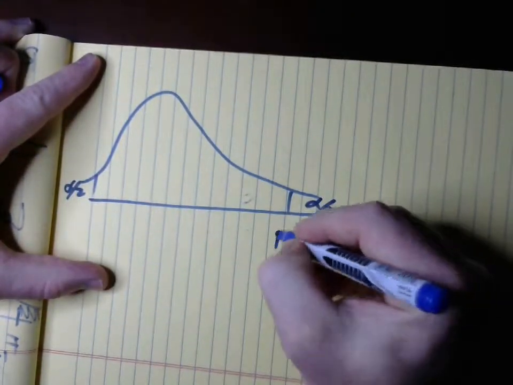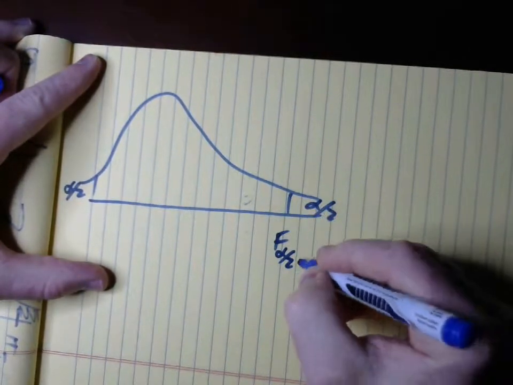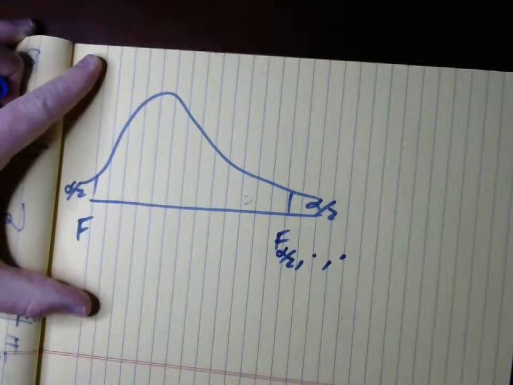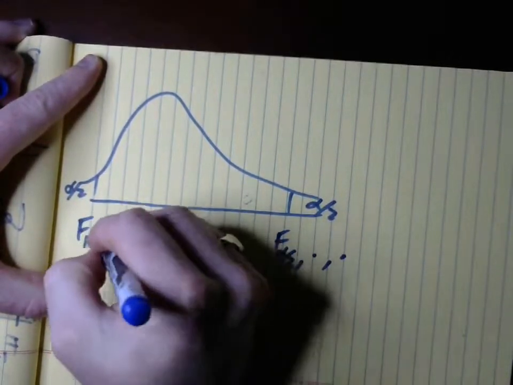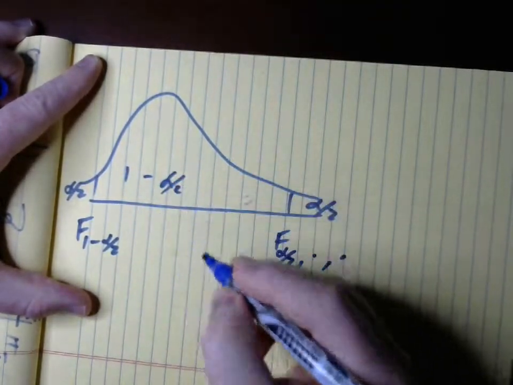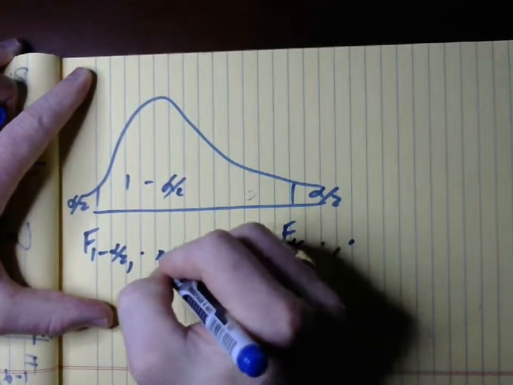So we're going to be dealing with the F values of alpha over 2, since it's the area to the right. And this would be F sub 1 minus alpha over 2, because the area to the right here is 1 minus alpha over 2, the complement of that.